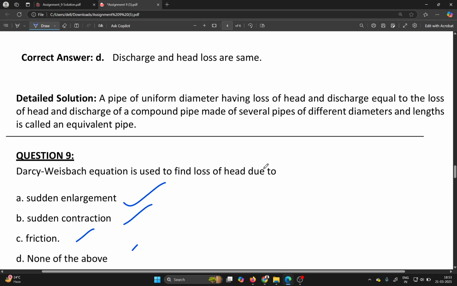The Darcy-Weisbach equation is used for calculating the loss due to friction of the pipe in case of pipe flow.